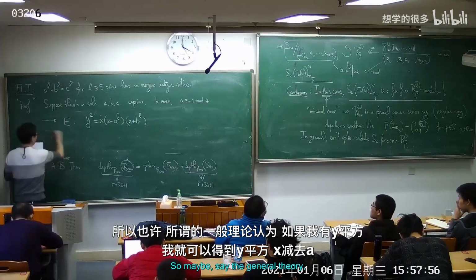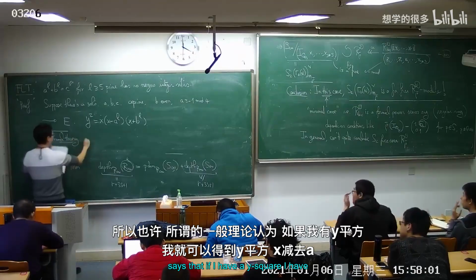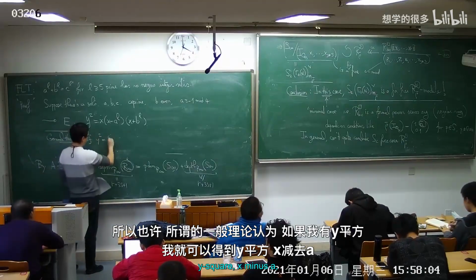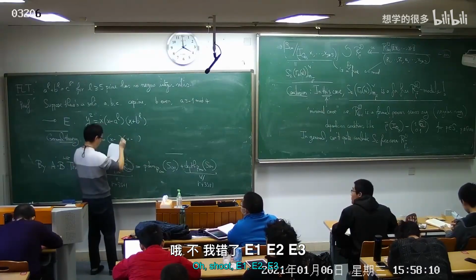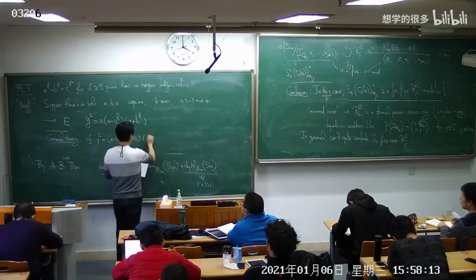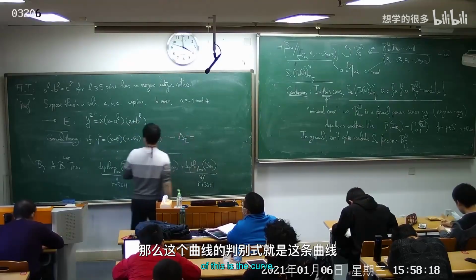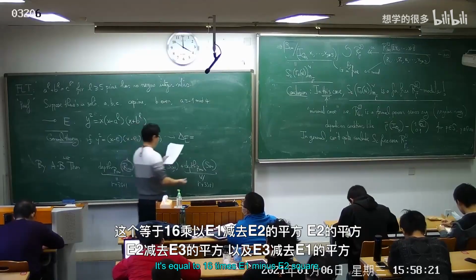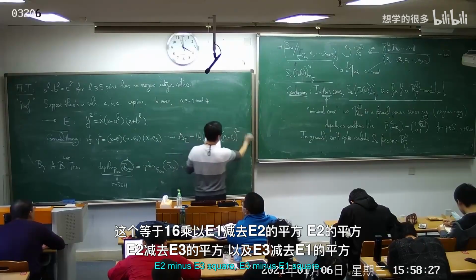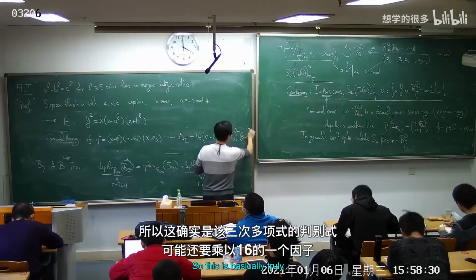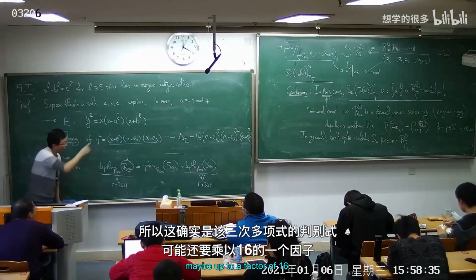So maybe say the general theory says that if I have y^2 = (x - e1)(x - e2)(x - e3), then the discriminant of this curve, to see where it ramifies, is equal to 16 times (e1 - e2)^2 (e2 - e3)^2 (e3 - e1)^2. So this is basically the discriminant of this cubic polynomial, maybe up to a factor of 16.